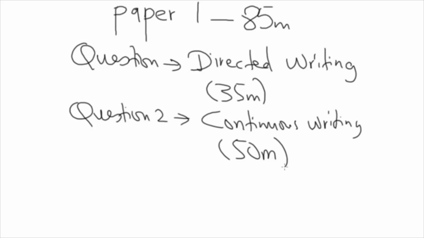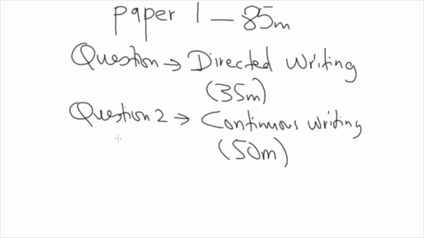What normally happens is, it's a very common case. Students come out after the paper complaining that they did not have enough time to complete this paper because they would have spent a lot of time answering question 1, which only carries 35 marks. So, one important thing I want to tell you is spend more time on question 2.